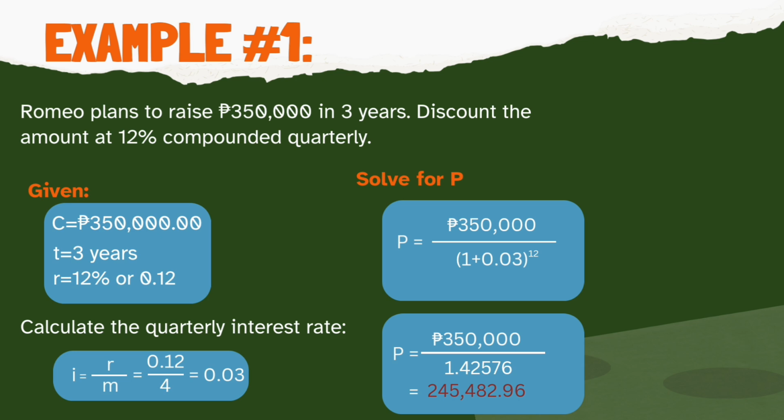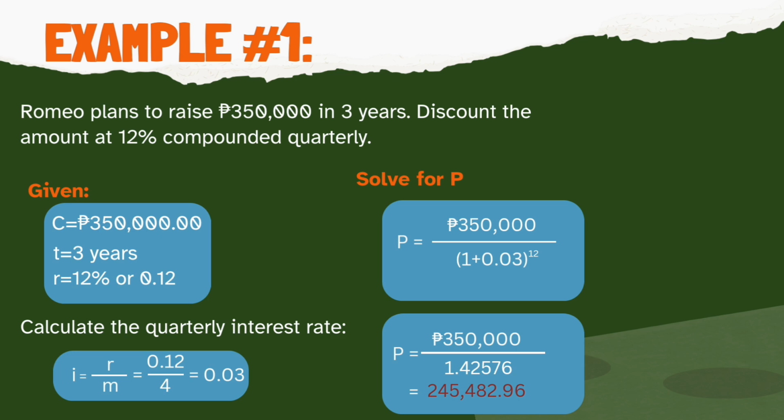Next, we use the formula for present value, which is P equals C over (1 plus i) to the power of n. C is the future value, which is 350,000. i is the quarterly interest rate, which is 0.03 or 3%. n is the total number of compounding periods, which is 12, since the investment is compounded quarterly for 3 years, so 4 multiplied by 3 years is equal to 12.